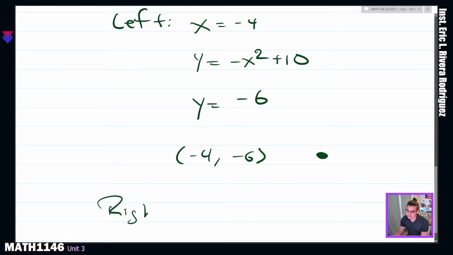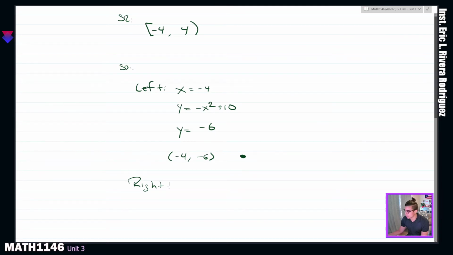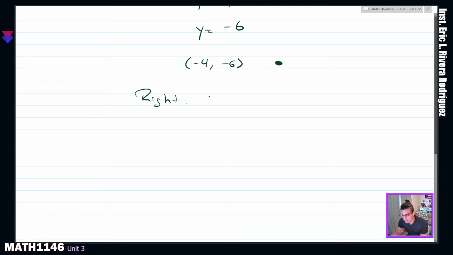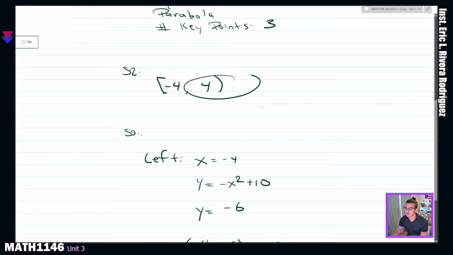For the right side, what we are going to use is x equal 4, but this one is going to be a hollow dot location. Why? Because positive 4 is not included.